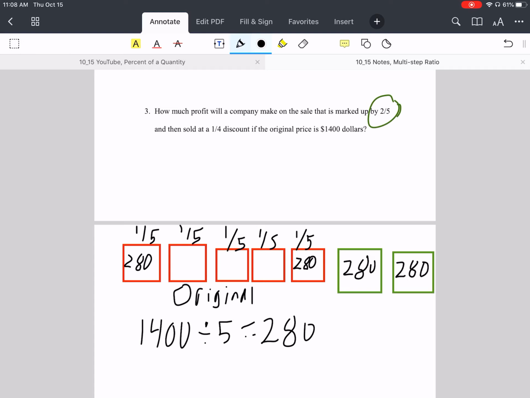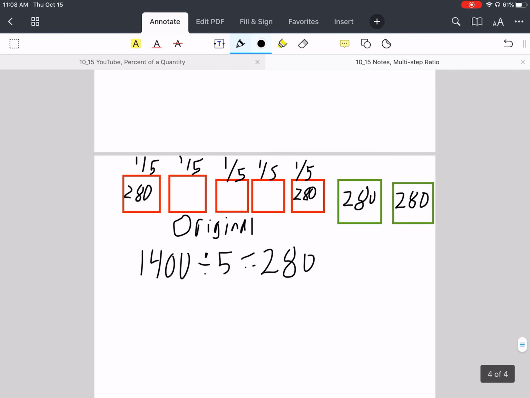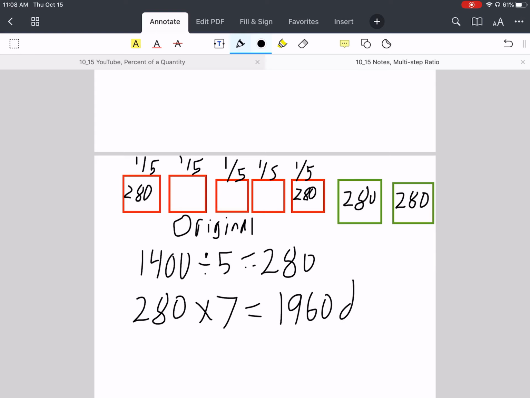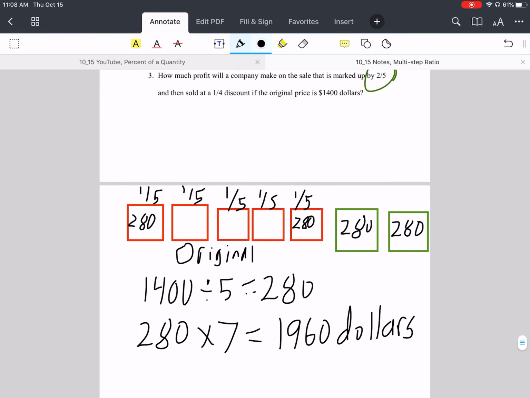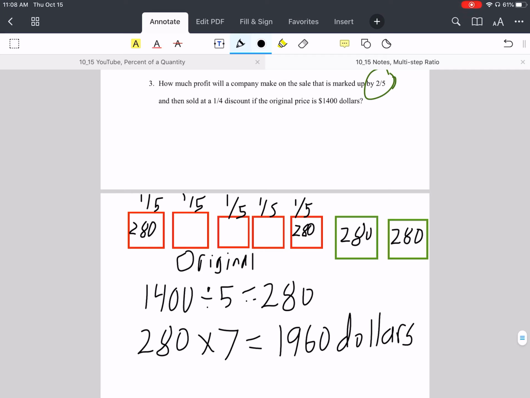So now the new price is going to be our $280 times the 7 boxes, because we have 7/5 now. And that is going to equal $1,960. So after they raise the price, the new price is $1,960.